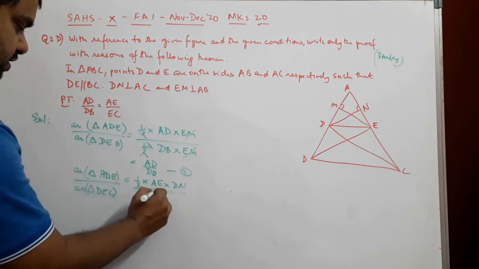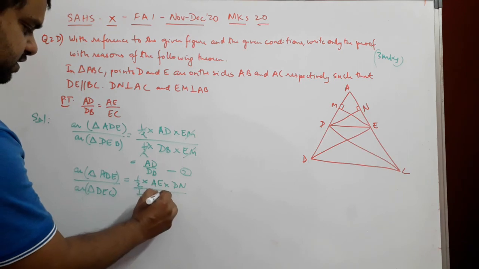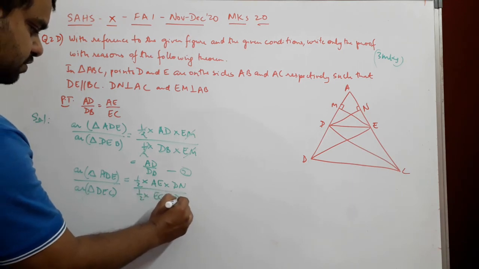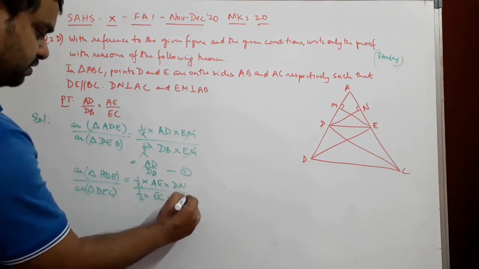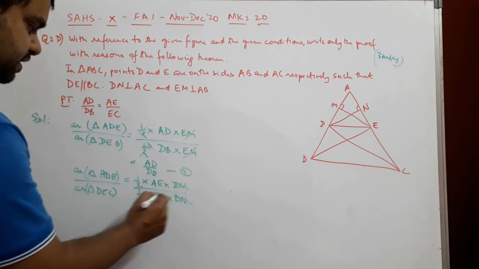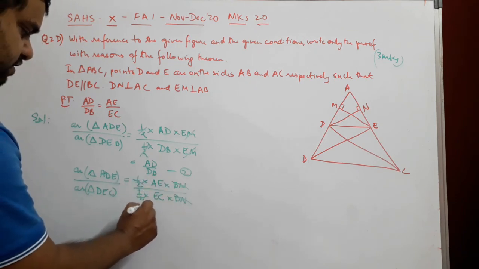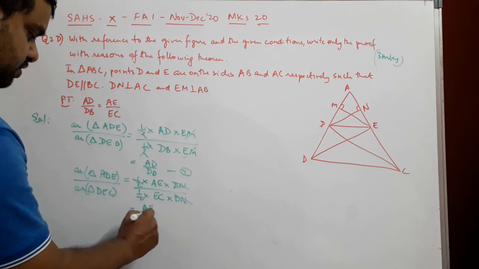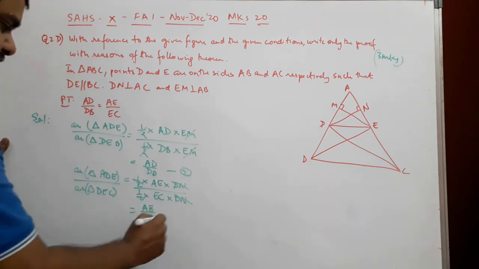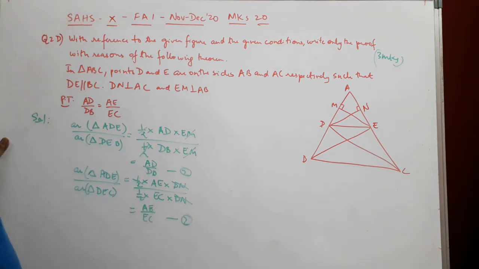Half into base will be EC into height will be DN. DN cancels, half and half cancel. We are left with AE upon EC. I will mark this as 2.